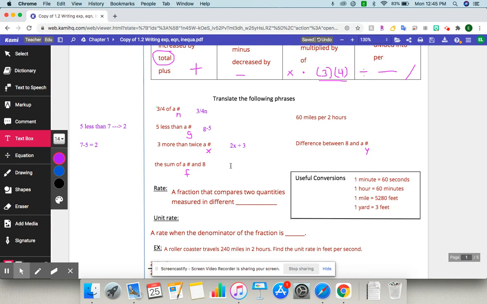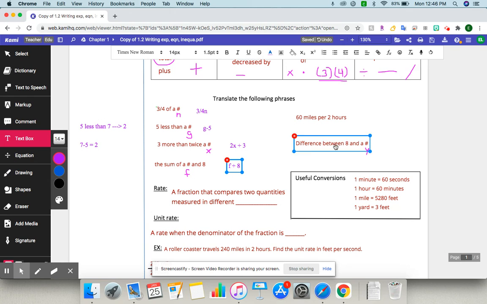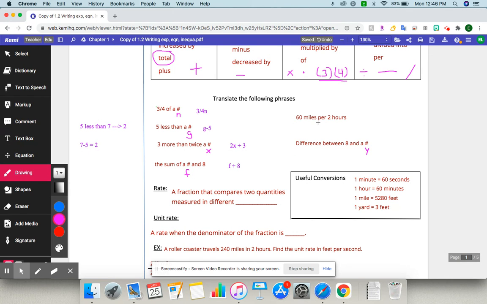The sum of a number f and 8 refers to addition, so I just say f plus 8. In this next one, 60 miles per 2 hours. So per represents division, so I have 60 miles divided by 2 hours.